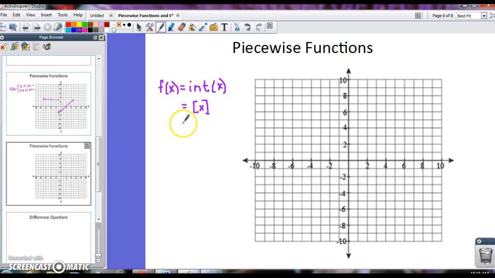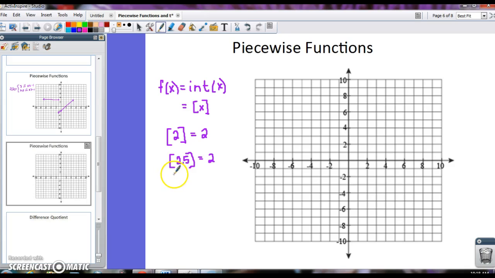So if you think of just the number 2, the greatest integer less than or equal to 2 is 2. Right? But then when you start getting into decimals, let's say 2.5, the greatest integer less than or equal to 2.5 is also going to be 2.